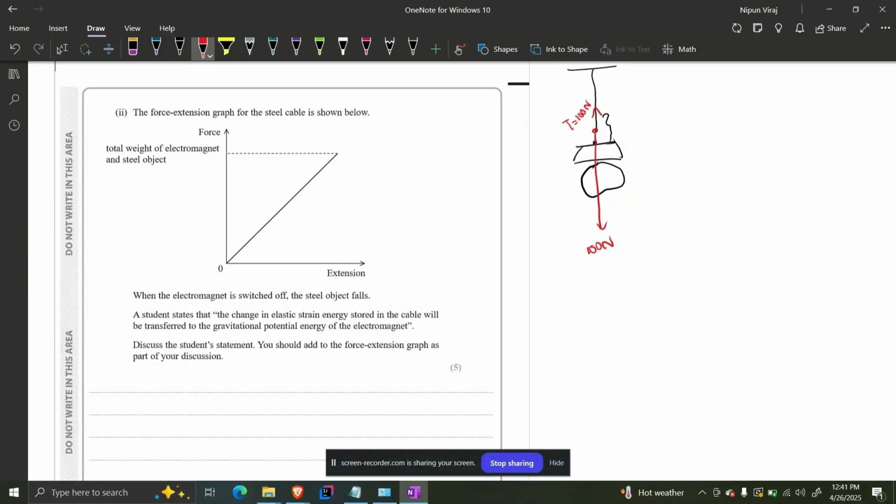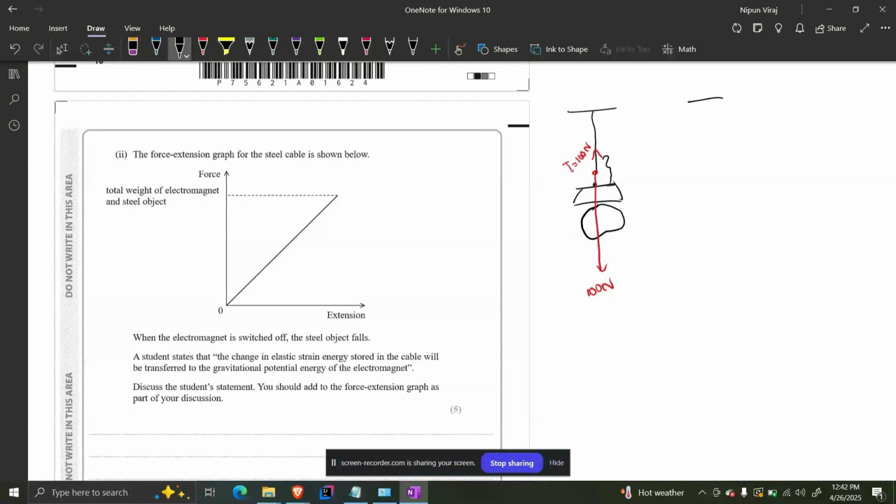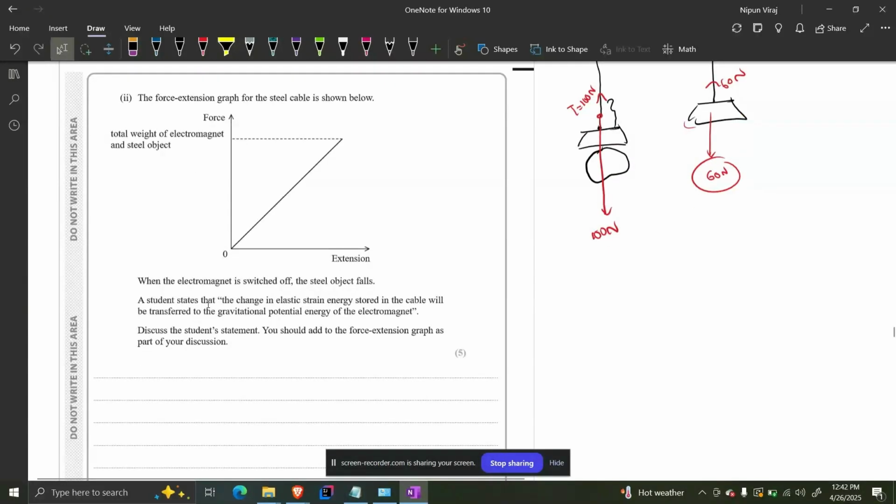Now when it falls down, you don't need to give 100 newtons itself. Now you only have the electromagnet. These are just example values which I use for you to understand the concept. So you will need to use something like 60 newtons, right? So this tension also decreases. That's the scenario that they are talking about, right? So you should use the force extension graph as part of your discussion.